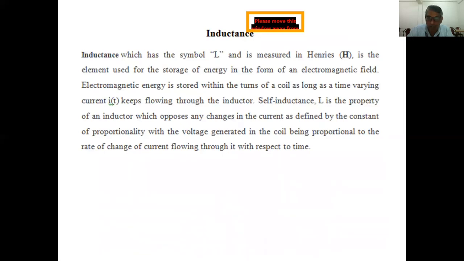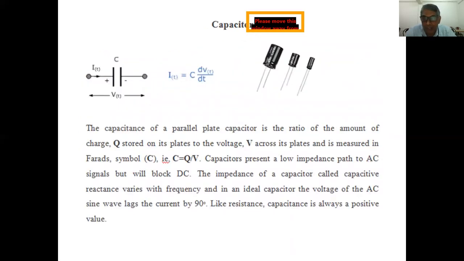It is not allowing. Okay, then coming to the capacitor. The capacitor is another type of passive component which we use widely for different functions. Basically, any two plates separated by an insulator is called a capacitor. In a very simple definition, a capacitor is a passive component used for charging and discharging.